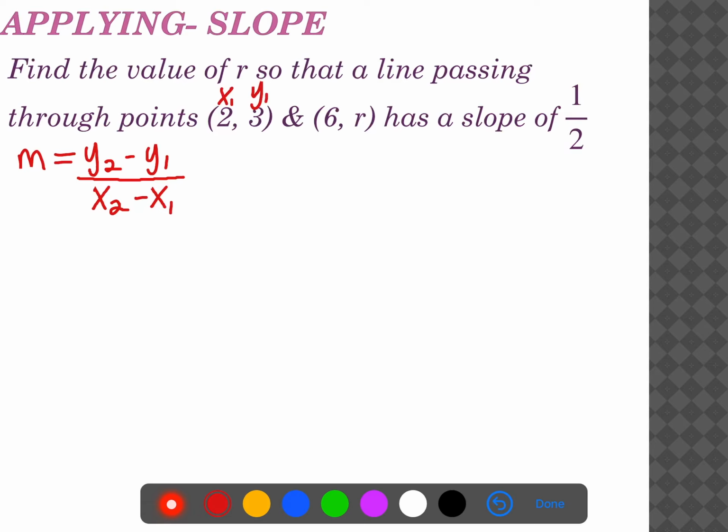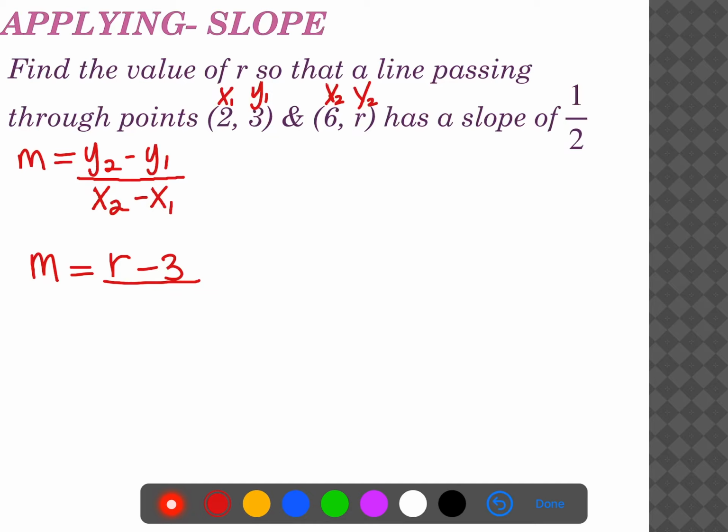So if I have an ordered pair, I can always label that x1, y1, x2, y2, and then I can plug that in to my formula here. So in place of y2 and y1, I can plug in the coordinates that I'm given. So I have r, which is fine.